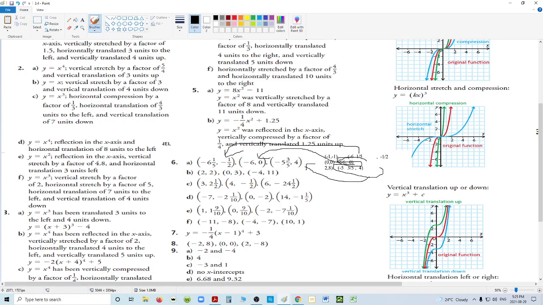In case you're wondering how I came up with negative 5 and 3/5, 2/5 minus 6 is the same as 2/5 minus 30 over 5, which is minus 28 over 5, which is the same as negative 5 and 3/5.